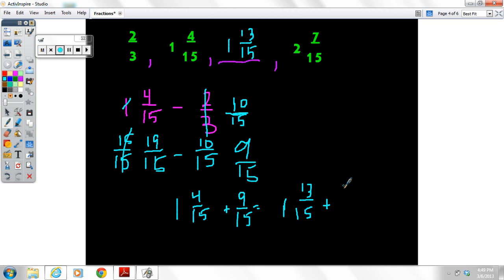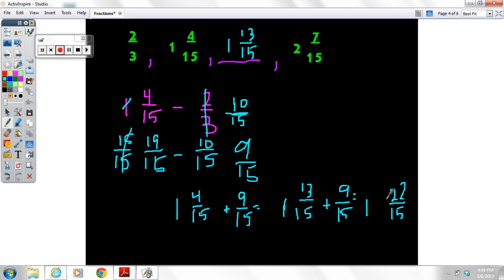I would take 1 13/15, I would add 9/15 to that. 1 plus the other whole number, there's no other whole number, is 1. 13 and 9 is 22. The denominator stays the same. I have 1 22/15.